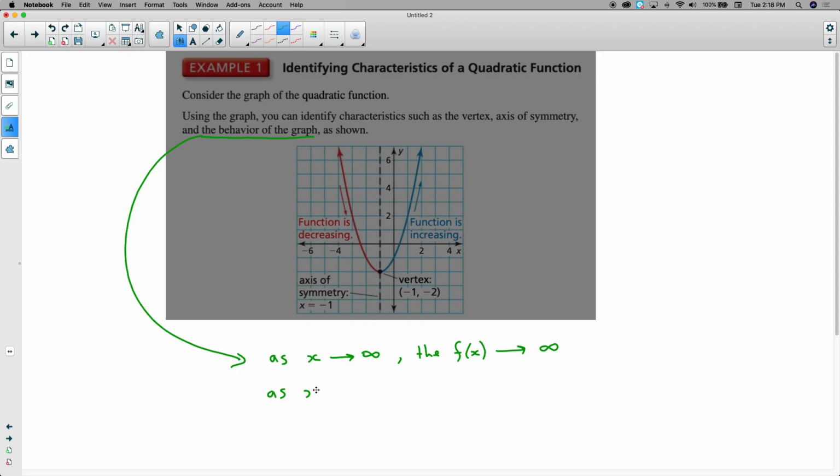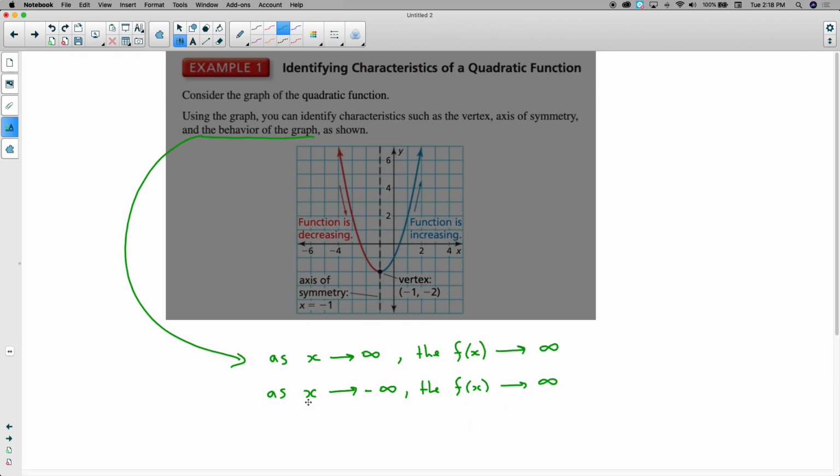Also, as x goes to negative infinity. So as the inputs become more and more negative, like as you put in -4 and -6 and -8 and -1,000, as you move way, way, way out here to the left, the function goes up and up and up also.